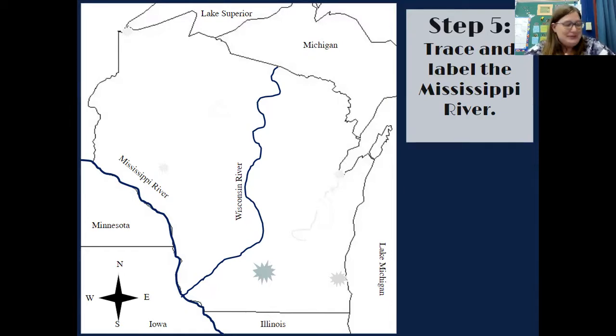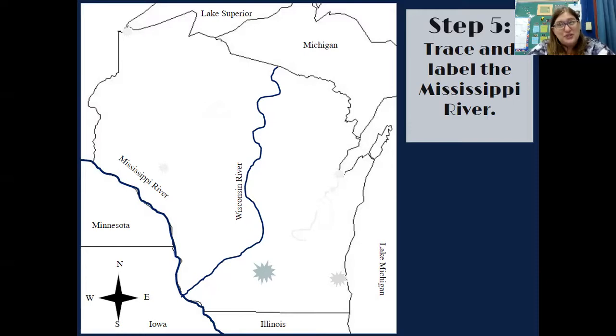Then it flows and forms the western border of Wisconsin, flows all the way through the entire United States, south of Wisconsin, and flows into the Gulf of Mexico.